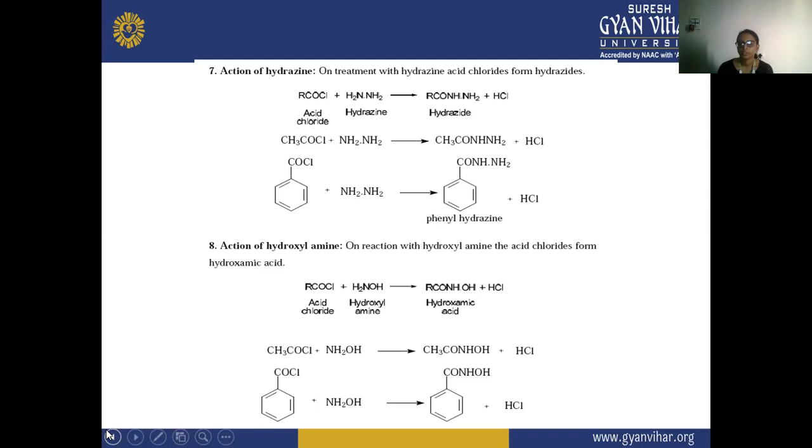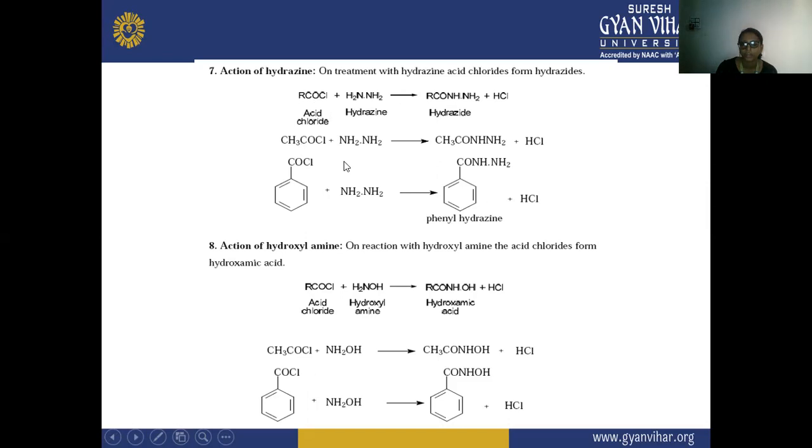And when benzoyl chloride is reacted with hydrazine, there is a formation of the hydrazide plus HCl. So in the reaction, you can see when hydrazine is reacting with acid chloride, there is a formation of the hydrazide.